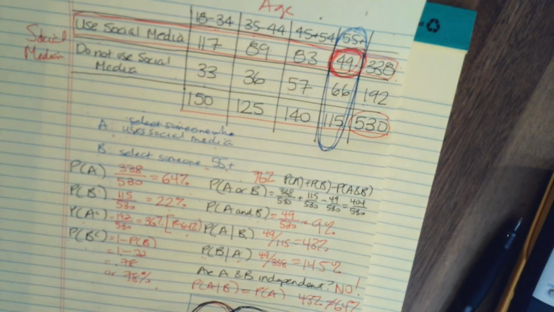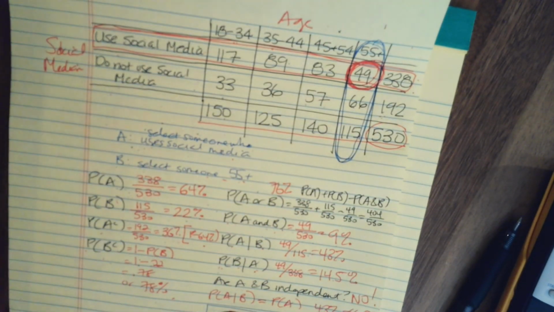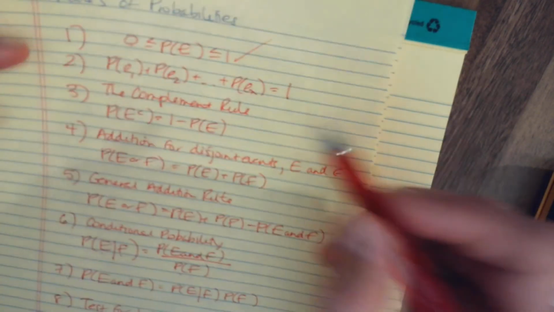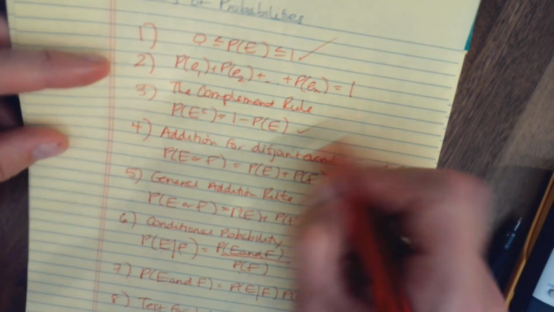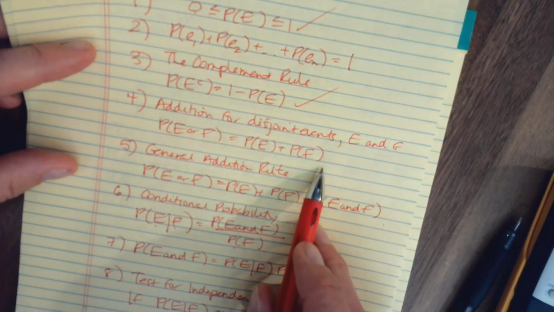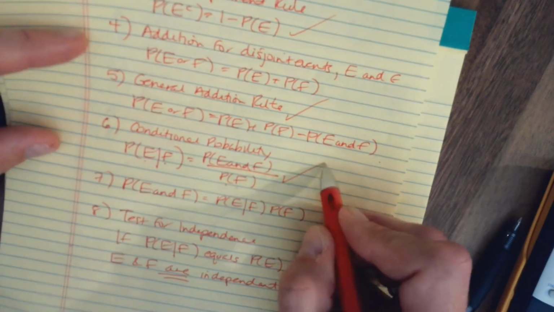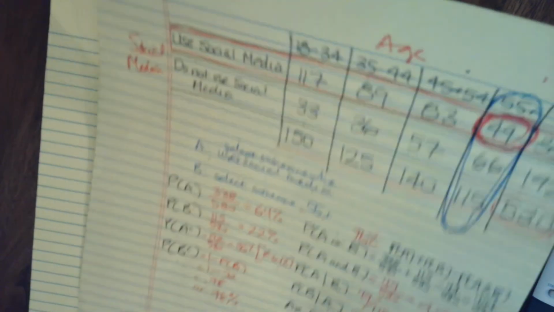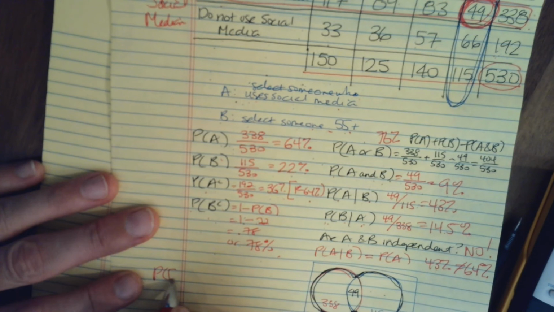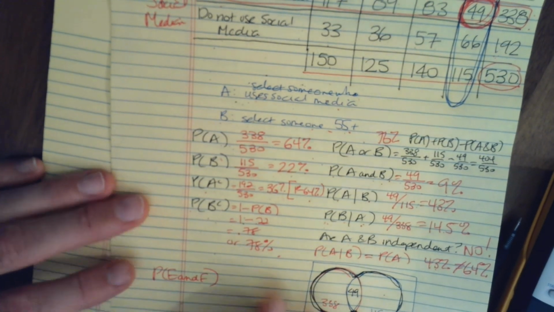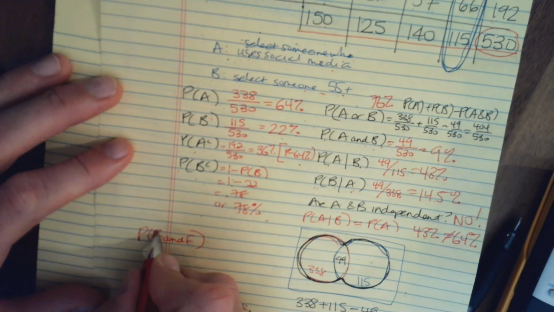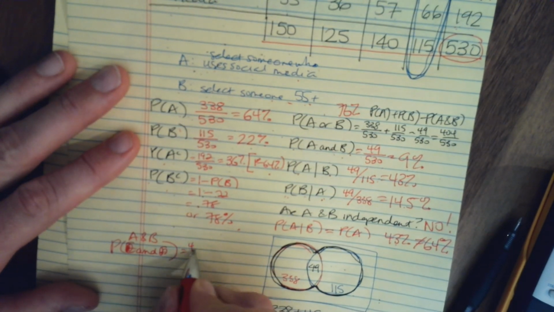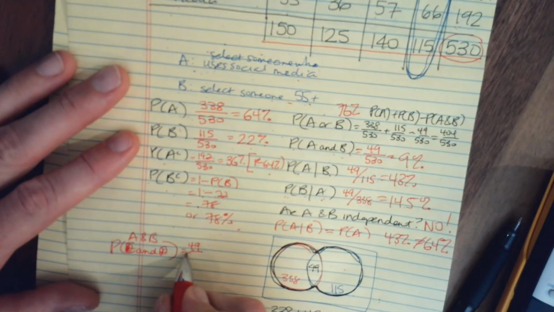So in these examples, we've used most of these rules. All of our answers were between 0 and 1. I've used the complement rule a couple of times. I didn't use the addition rule for disjoint events, but I used the general addition rule and the conditional probability. For E and F, let me just point out something before I finish this. The probability of E and F, or in this case, A and B. So I know that that is 49 over 530.